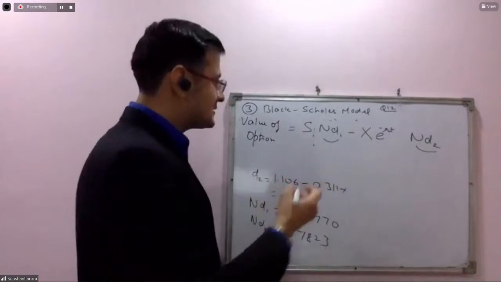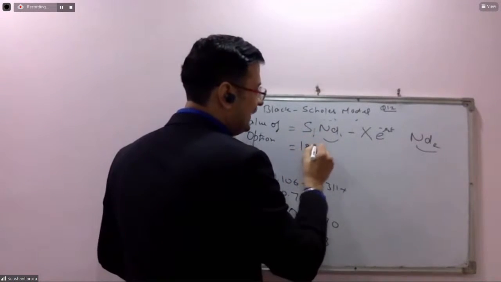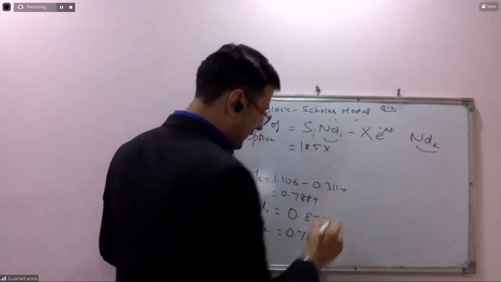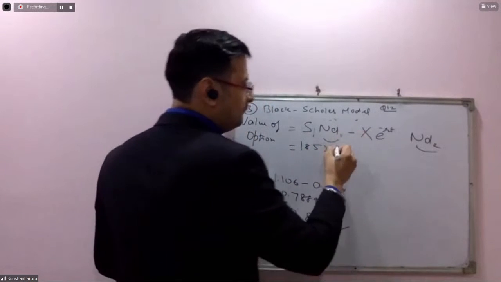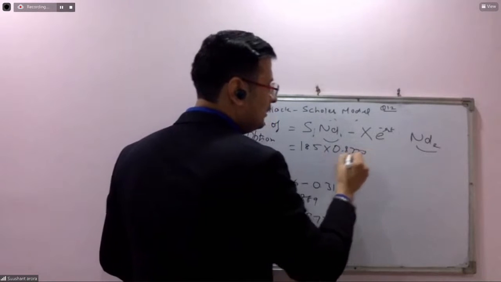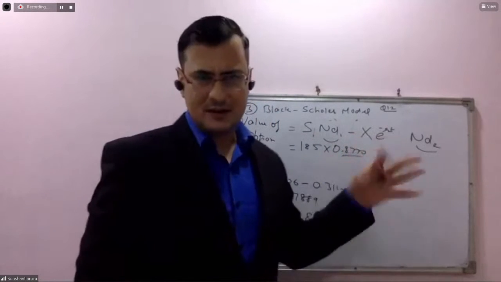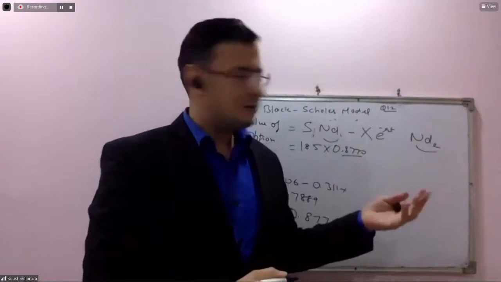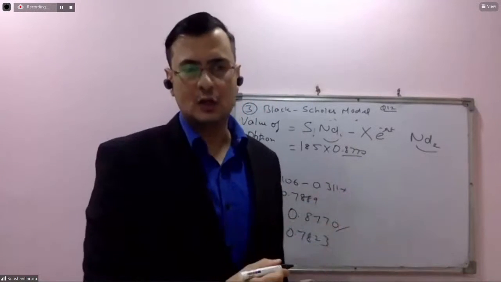So what was the S? 185 multiplied by N(d1) is 0.8770. You can have a slightly different value because we are looking it up from the table, but it will be very close to that.